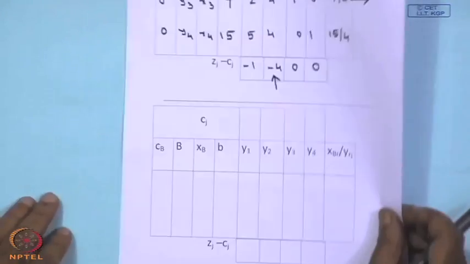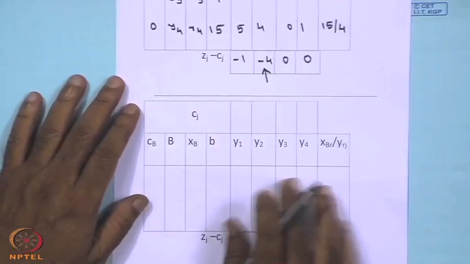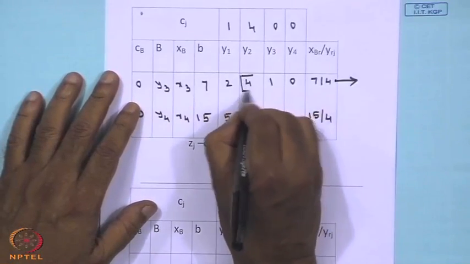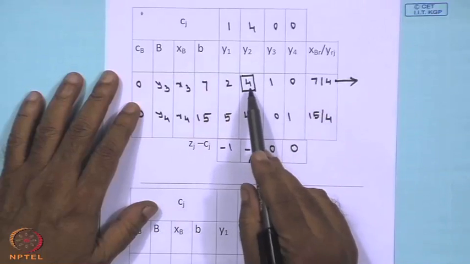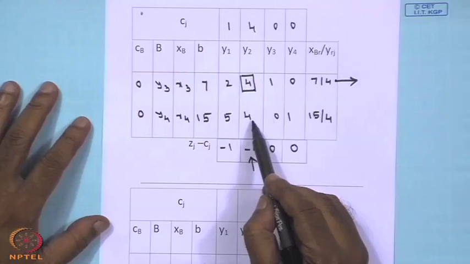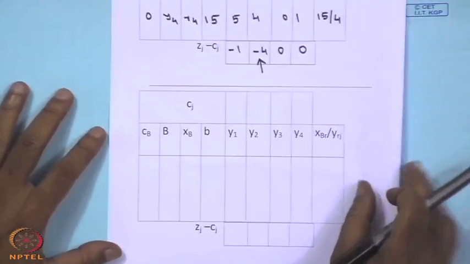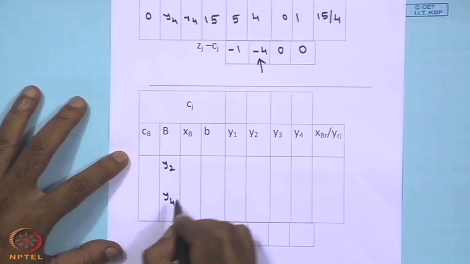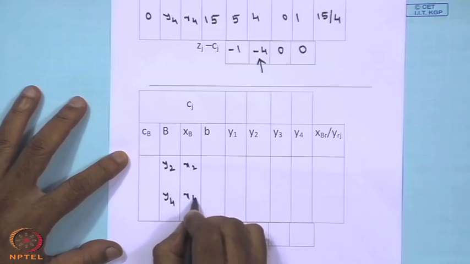So, in the next table, this 4 is your pivot element, means I have to make this element 1 and correspondingly in this row this element 0. So, here you are having y2 and y4. So, it is x2 and x4.